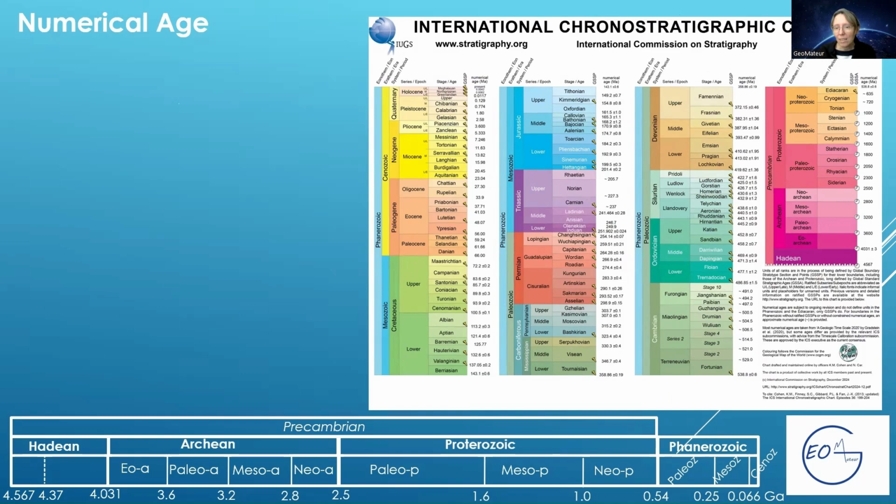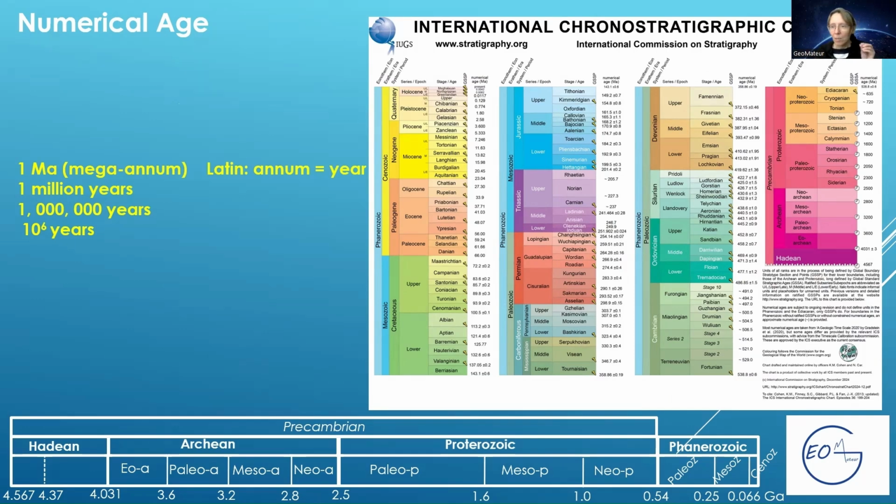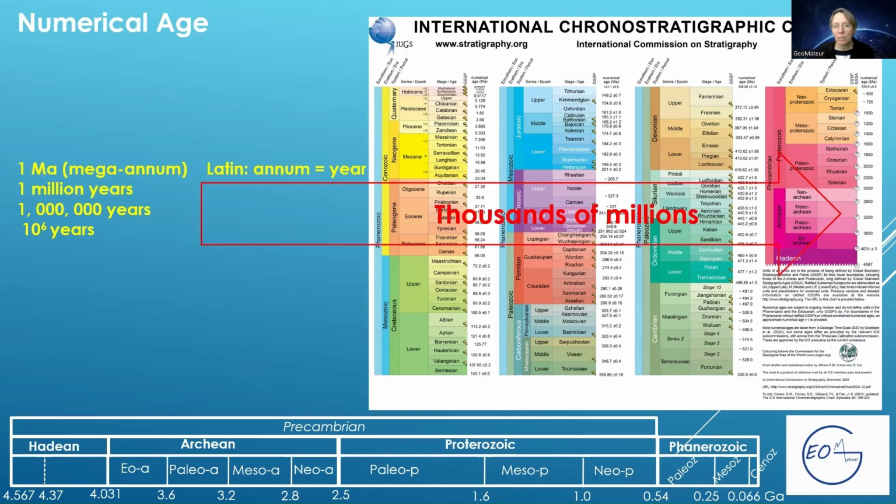The age in the chart is given in millions of years. Sometimes millions of years is described by Ma, which means mega annum. Annum in Latin means year. Because the main unit is given in millions of years, that's why we have thousands of millions and fractions of million.